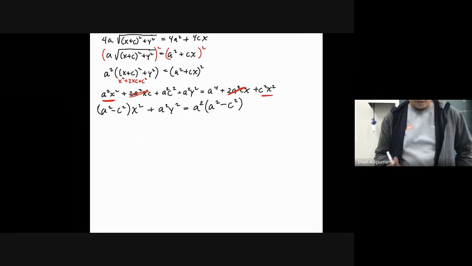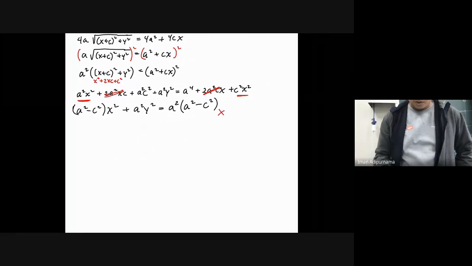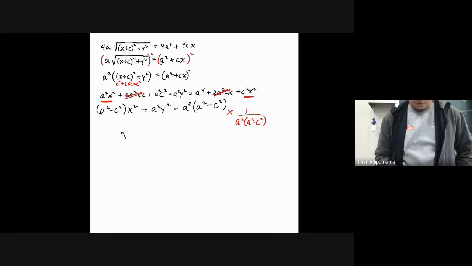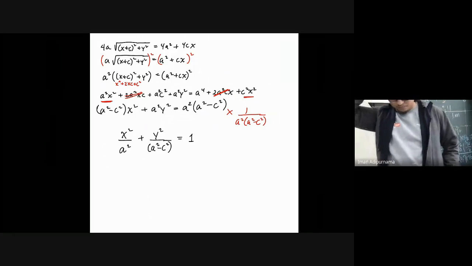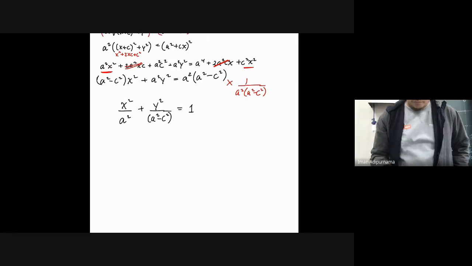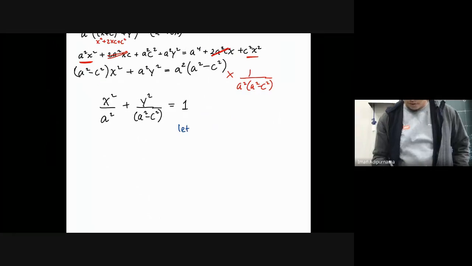And then let's divide all with these fractions. So this will be x squared over a squared plus... and to make it simple, let b squared be a squared minus c squared, with b greater than 0.